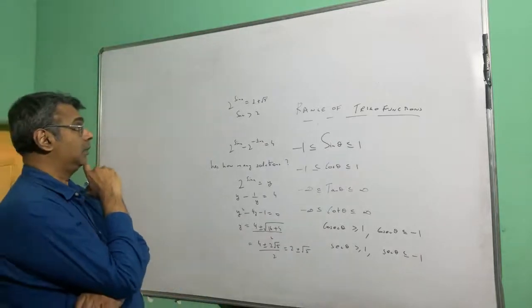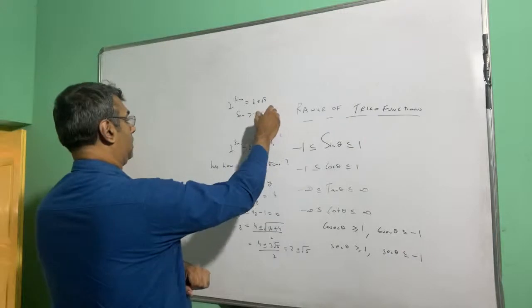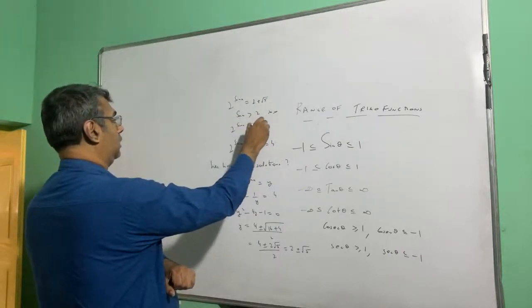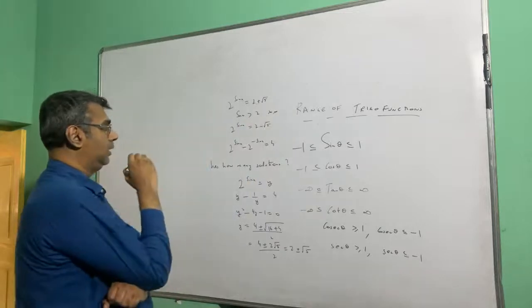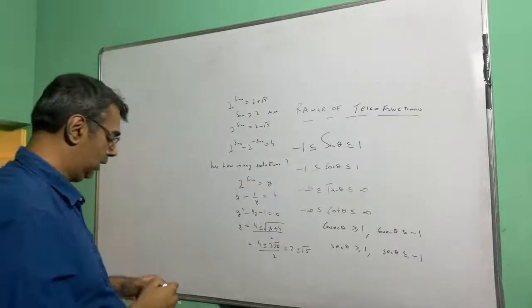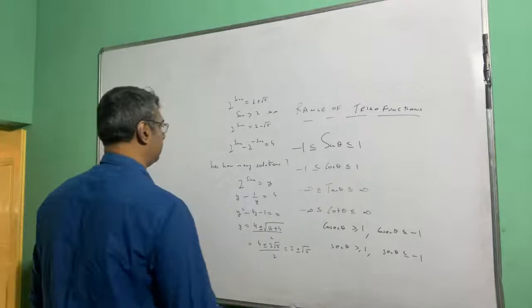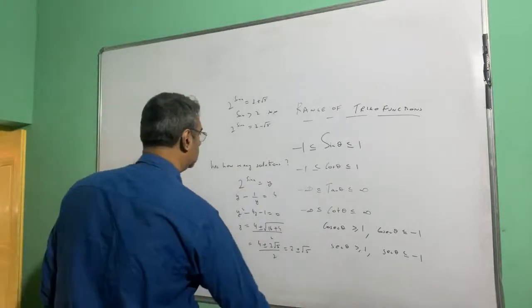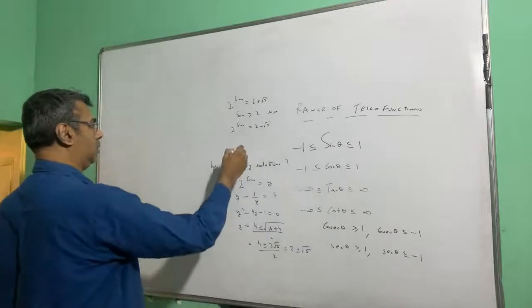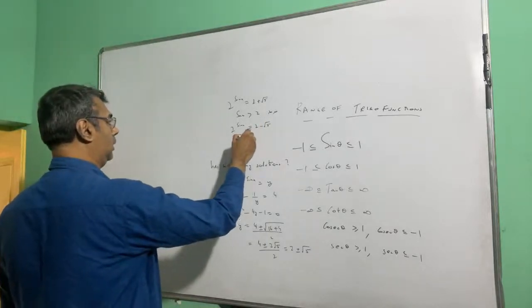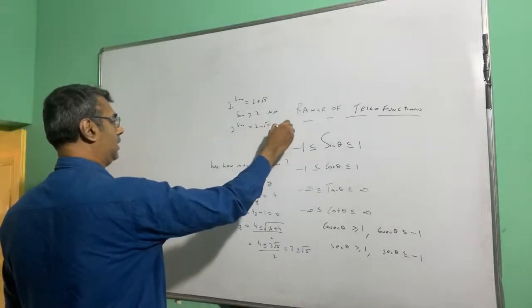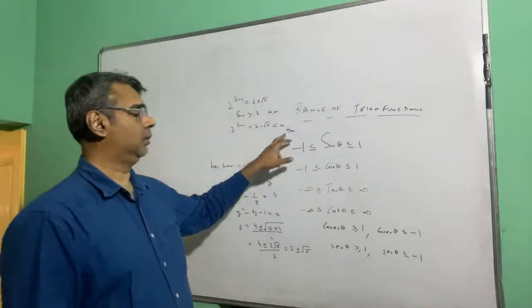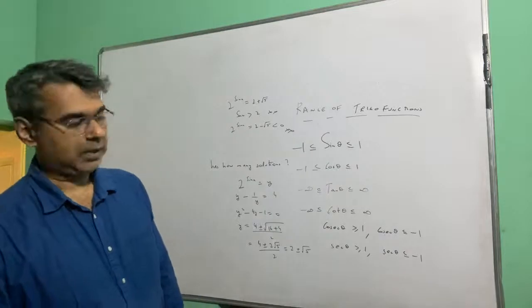So sin x will be more than 2, which is not possible. And on the other hand, if you take 2 to the power sin x equal to 2 minus root 5, so 2 minus root 5 is negative. That is also not possible because 2 raised to the power cannot be negative, right?